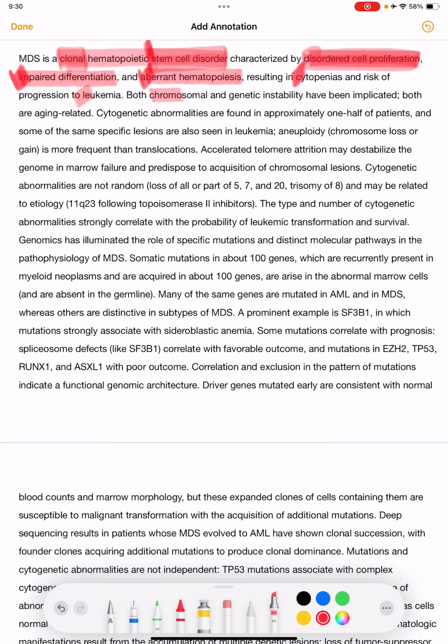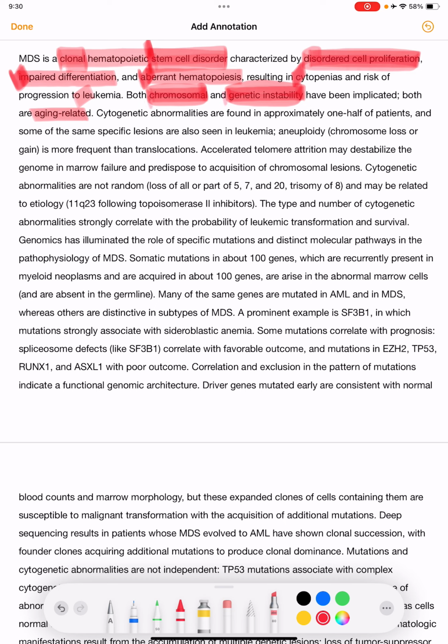Both chromosomal and genetic instability have been implicated, and both are aging related.